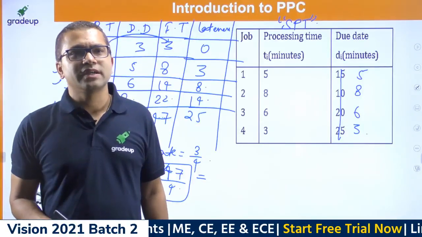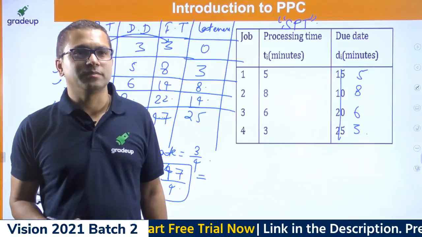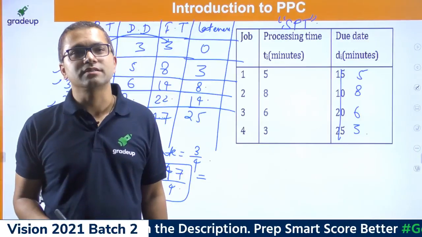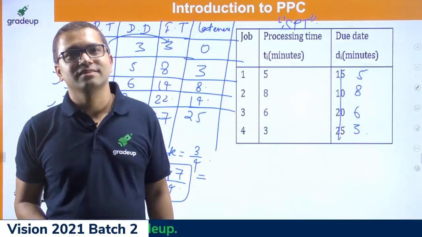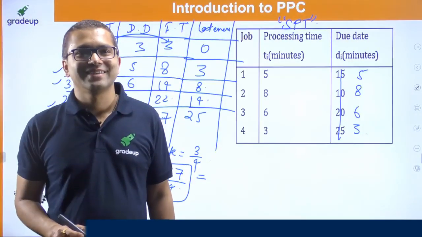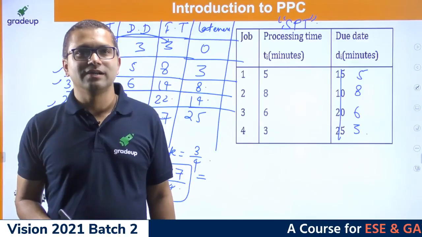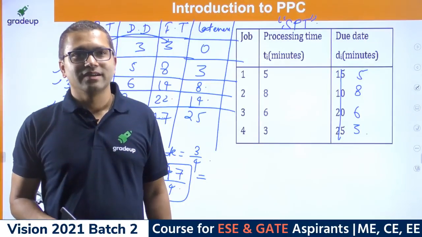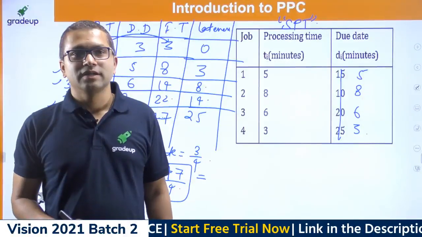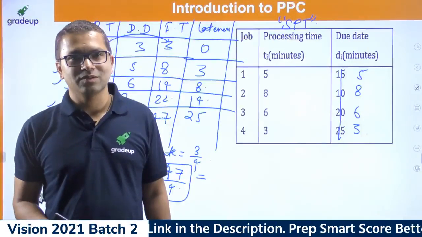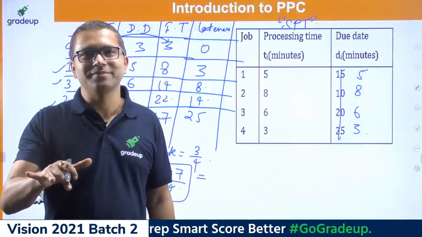So can you please think about something that people are saying, tardiness? Tardiness is how much late it is. So lesser the tardiness. Krishna says flow time, Naveen also says flow time, lesser flow time. Yes, you're right. So I think you should say average flow time.